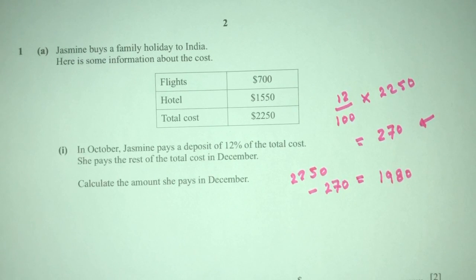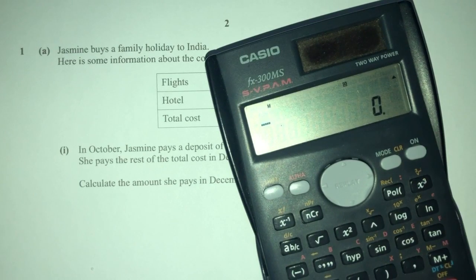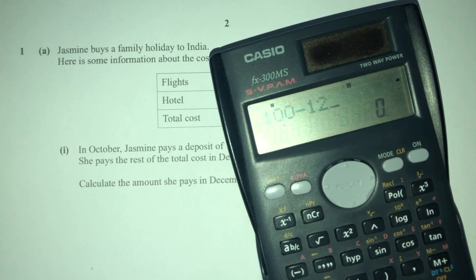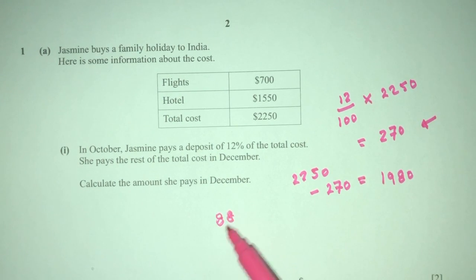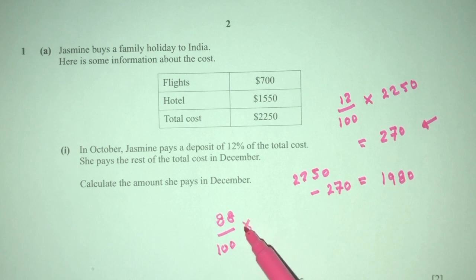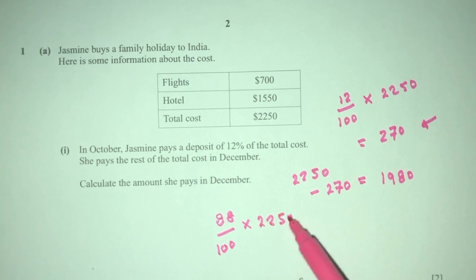Now, the other way is also pretty easy. The way to look at this is basically saying that the total cost represents the whole amount, which is 100%. Now, if she pays 12%, which means 100 minus 12%, that will be 88% remaining. So the amount that she will have to pay will be 88% of the total cost.